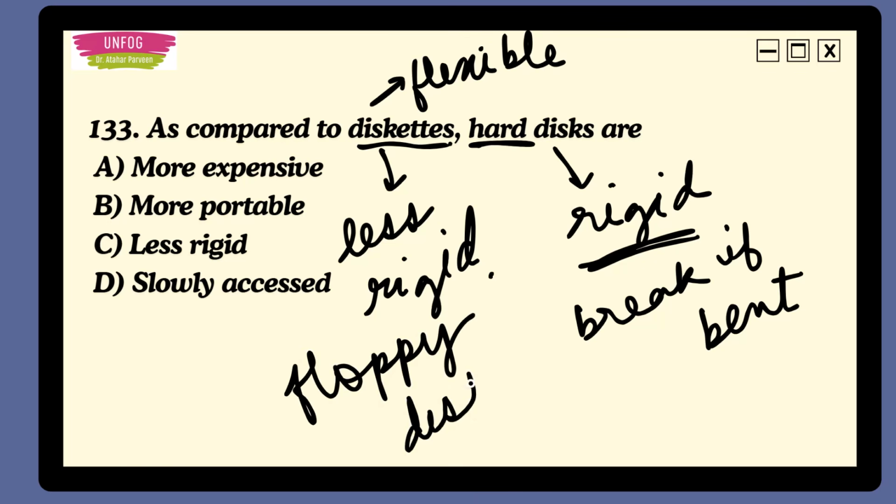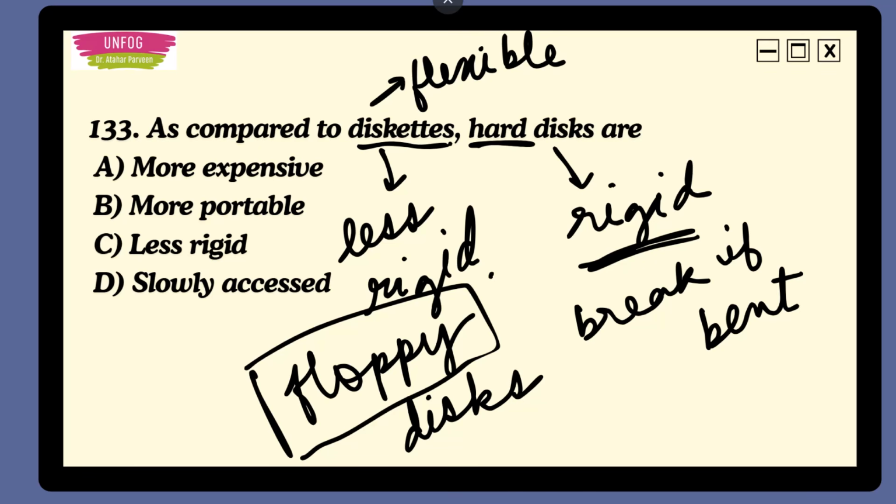From the word you can figure out floppy. Floppy as in flexible, very flexible these diskettes are. But the question is asking properties of a hard disk, not properties of a diskette. In the options he has given less rigid. Less rigid is a property of diskette, not hard disk. So you can quickly eliminate this option.